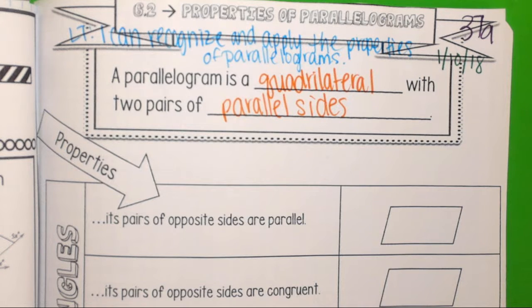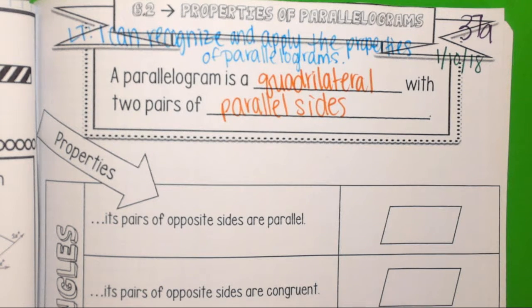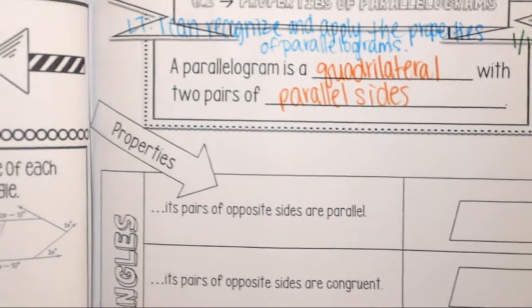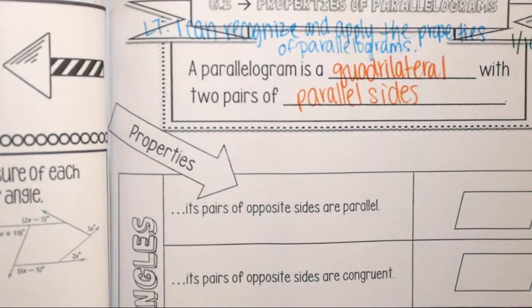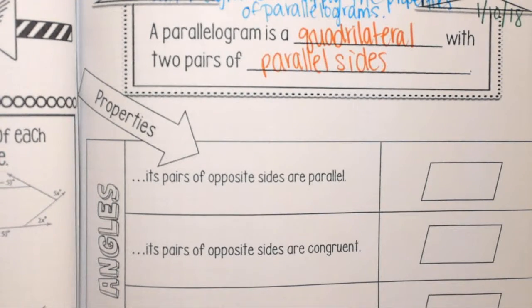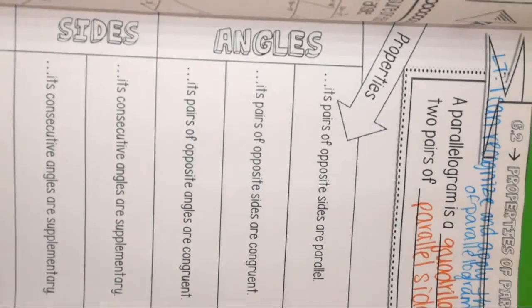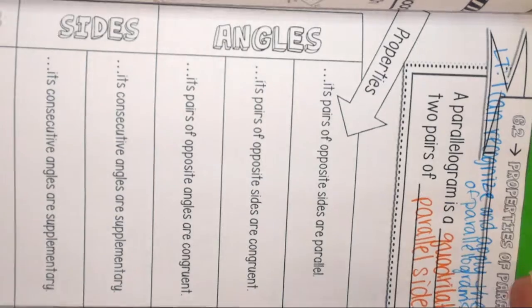Man, I wish I had caught that mistake before we glued this down. All right, so what we're going to do today is learn about the properties of parallelograms. It's going to be super fun after we fix some parts of our notes. This should be sides instead of angles.